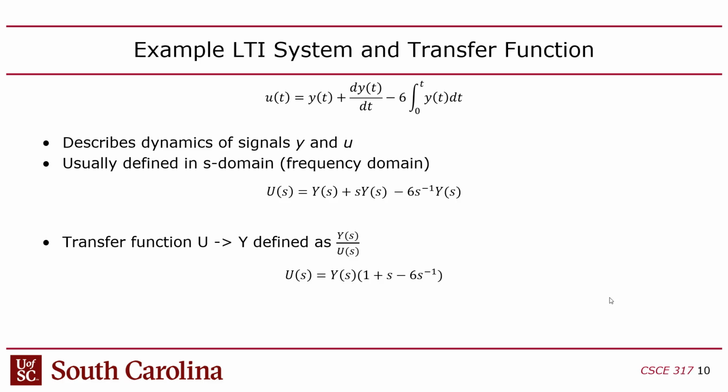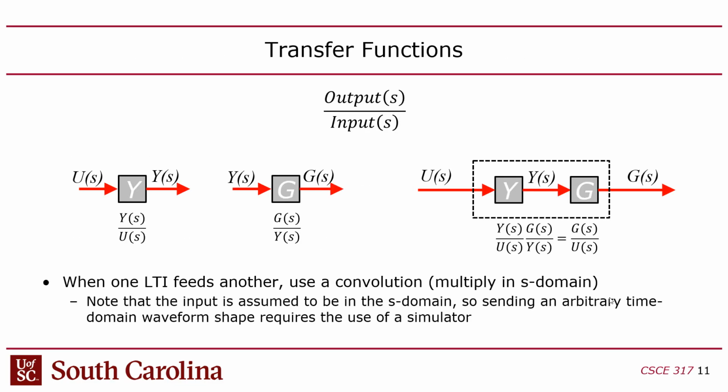So y over u is 1 over 1 plus s minus 6s to the minus 1. This becomes my transfer function describing the input-output behavior of that ODE, that LTI. Okay, so that's all you have to do.